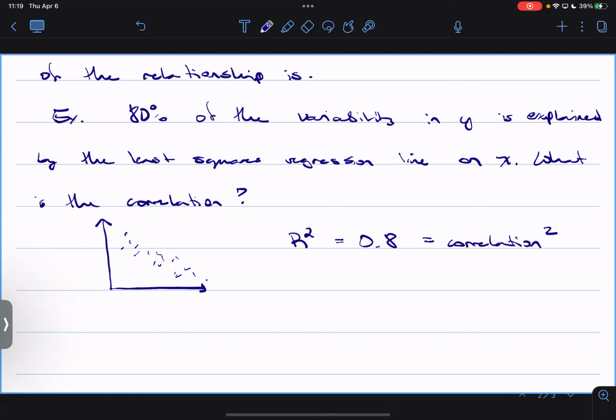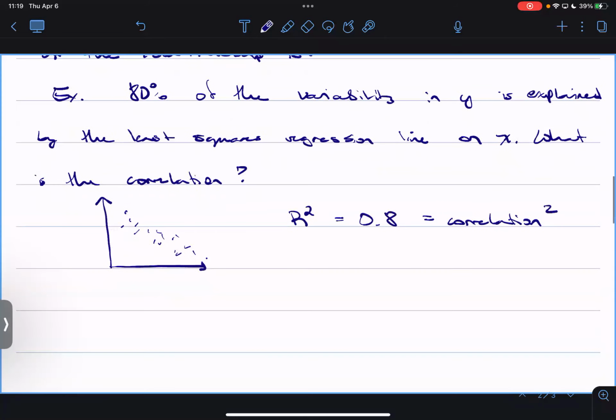It's the correlation squared, but then when I take the square root, let's see here, I don't trust myself. Square root of 0.8. It is plus minus there, but usually I forget that. 0.894427191.